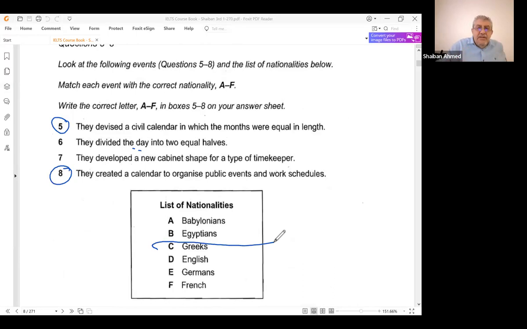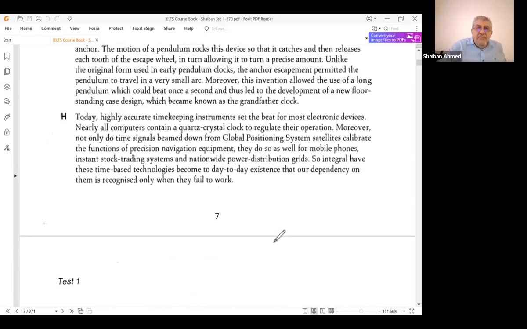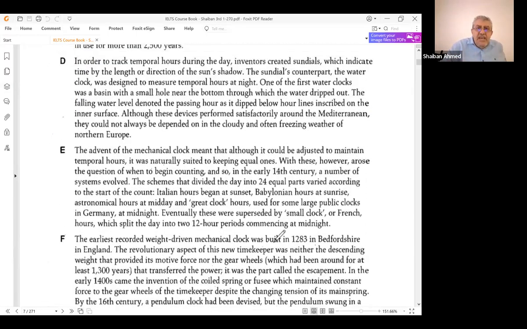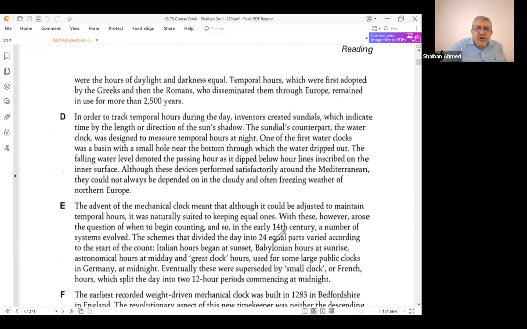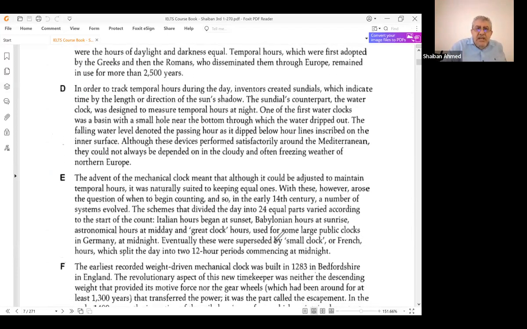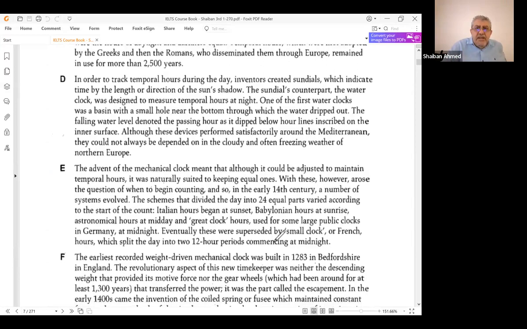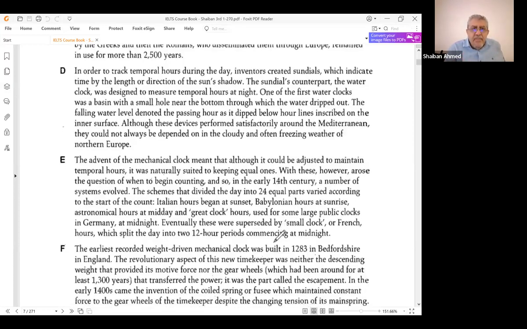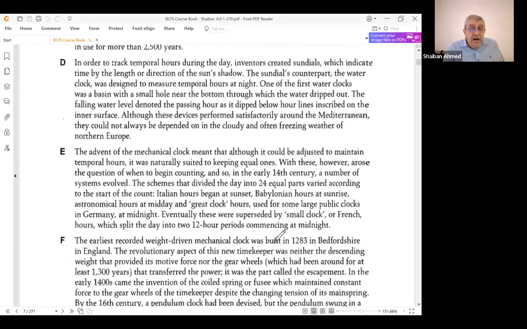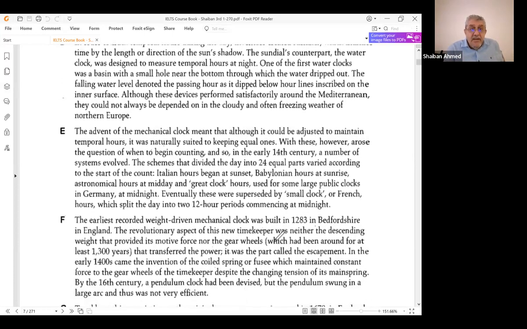We finished the Greeks in paragraph C. Let's go to English. English, paragraph D. The sundial, D. Okay, you are faster than me.